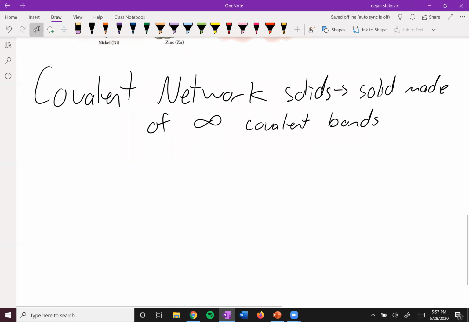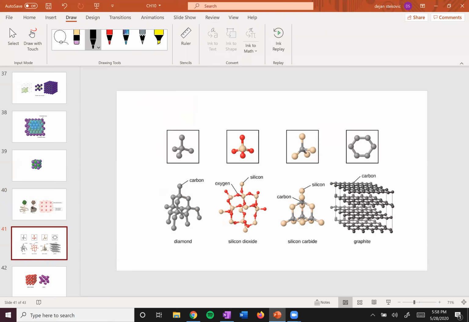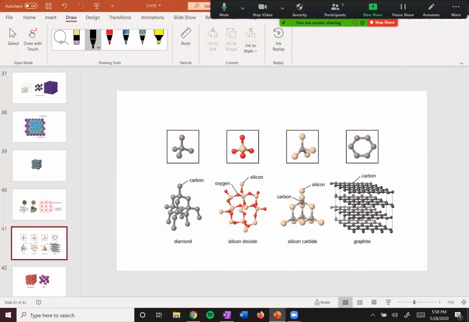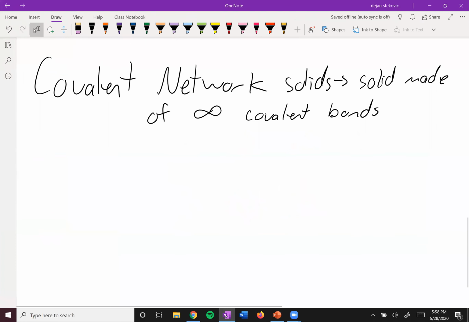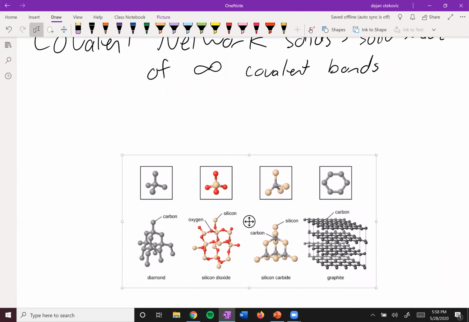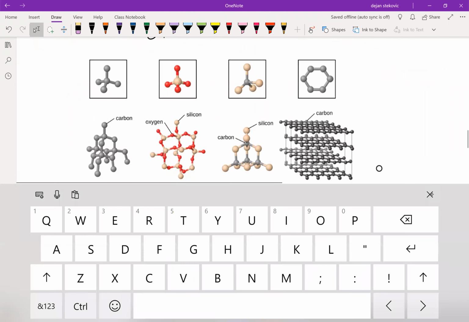So it's just an atom covalently bonded to another atom that's covalently bonded to another one and another one, and so on and so forth. That's probably my favorite type of solids. They're the most interesting in terms of their electrical properties. That's probably a bit too advanced for this class, but here are some examples of this stuff.